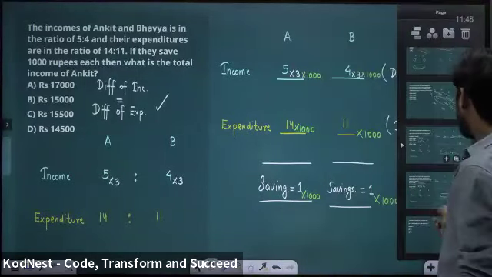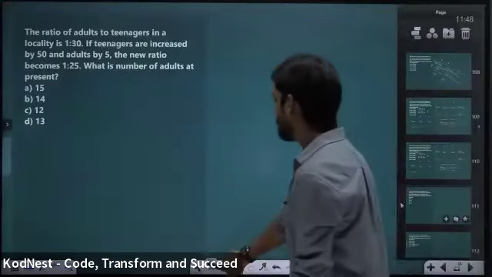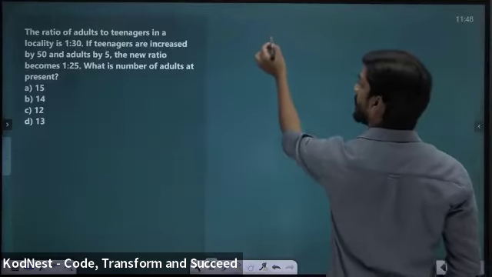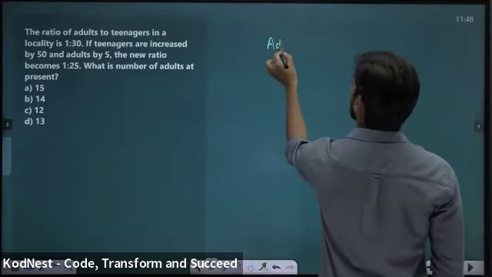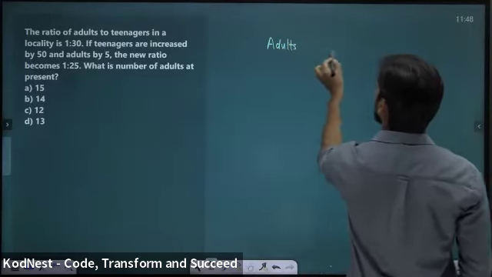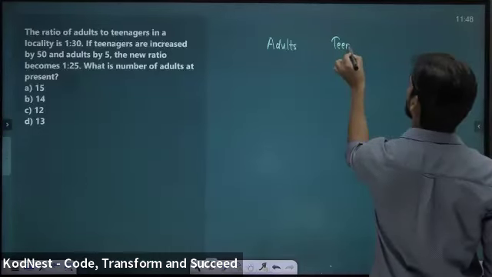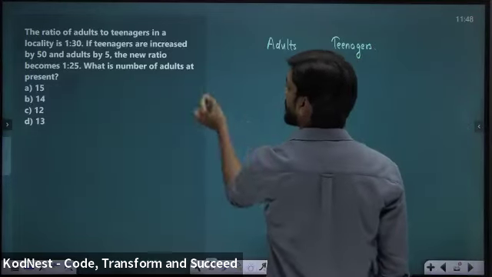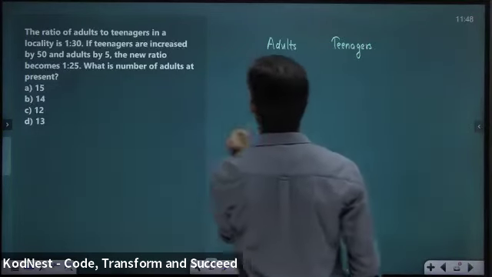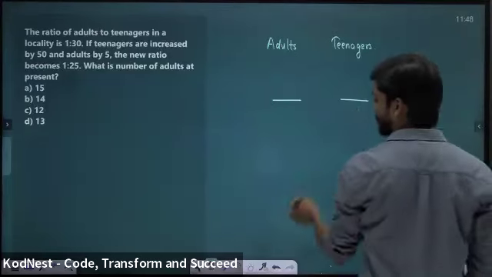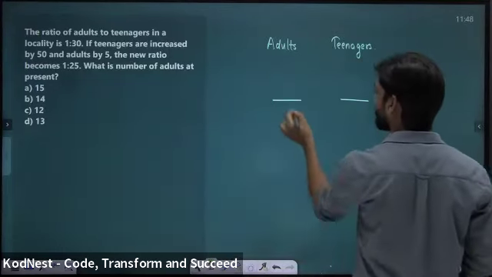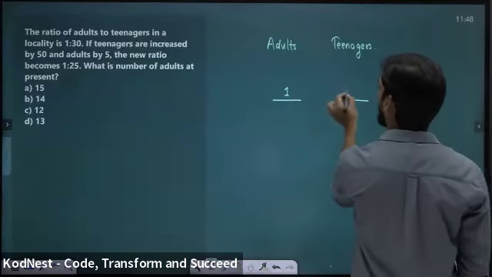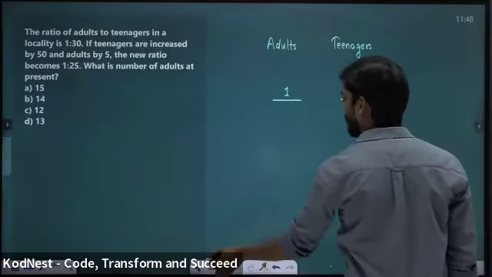Now carefully see. Adults and teenagers. The ratio is given, values are not given. So 1 and 30.